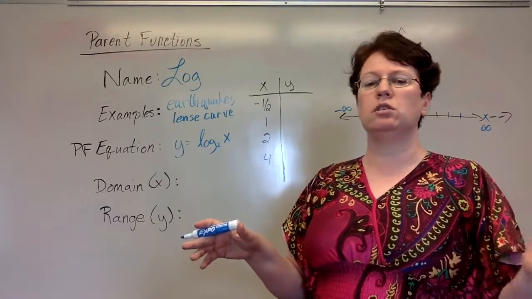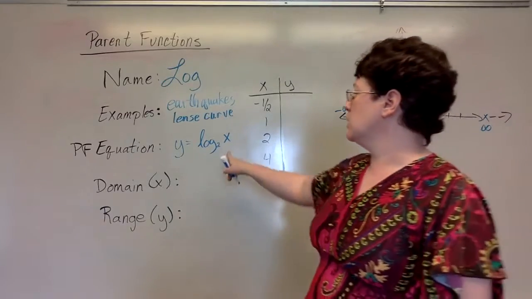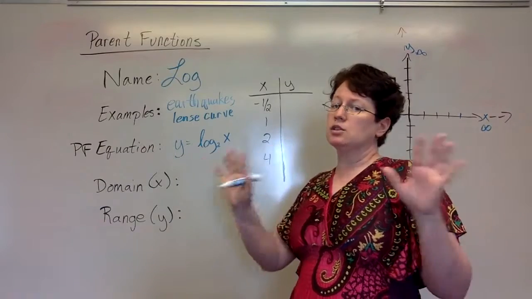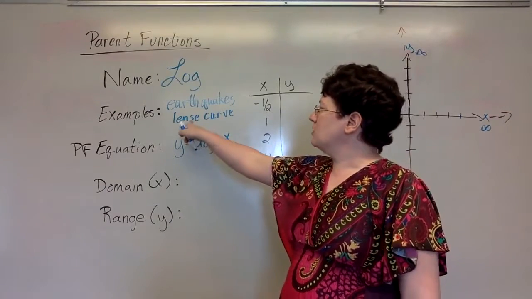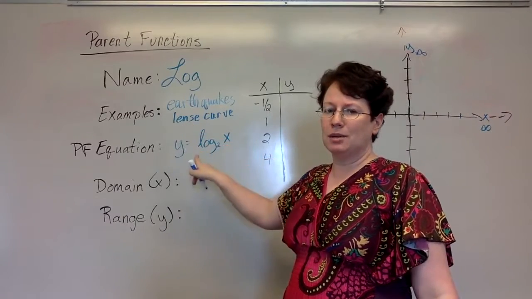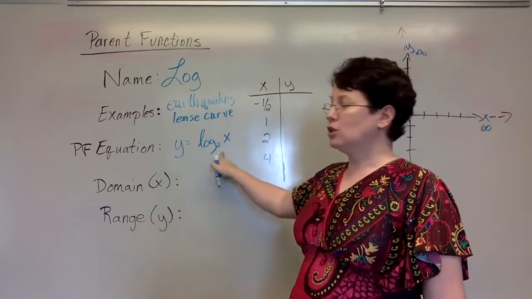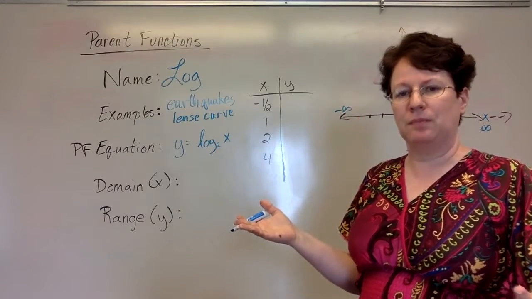We said it could be 2, it could be 3, it could be 10, it could be 1/2, it could be anything. Guess what? On logs, I can make this number anything I need so that I can scale to measure. So my scale to measure lens curves is going to be different than the scale to measure earthquakes. So that 2 is going to change depending on what it is I'm measuring, right?